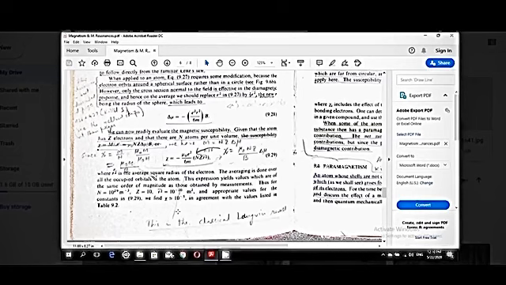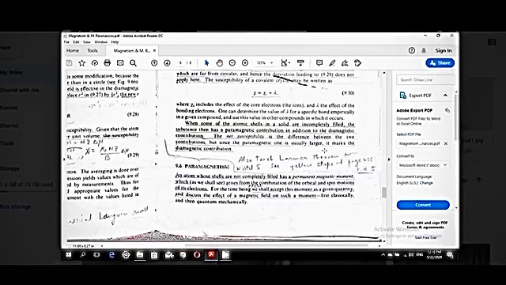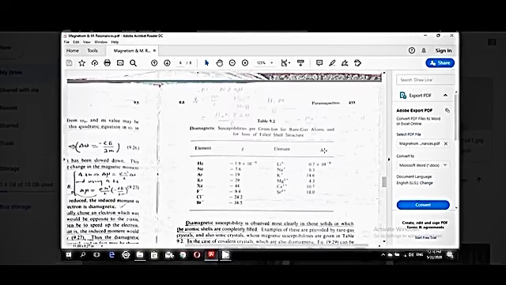So we have been very successful in developing a theory which is consistent with our experimental observation, and you should go to table 9.2 and see that here we have the diamagnetic substances all having negative magnetic susceptibilities, and the magnitude is of the order of 10 to the power minus 6.